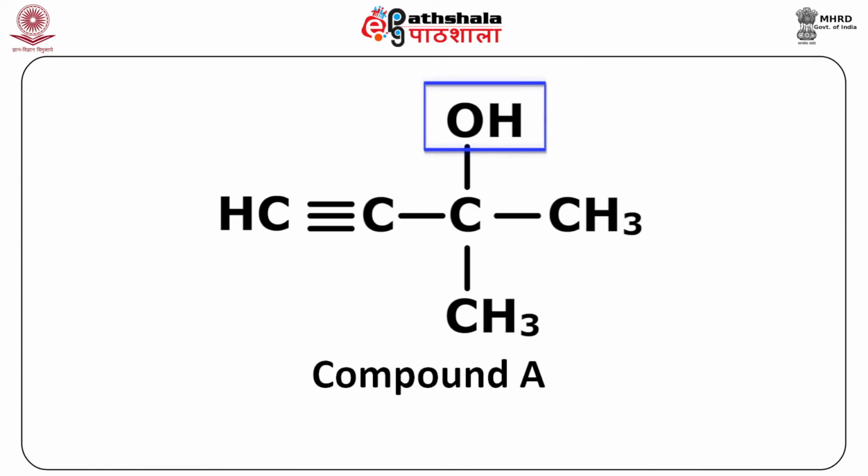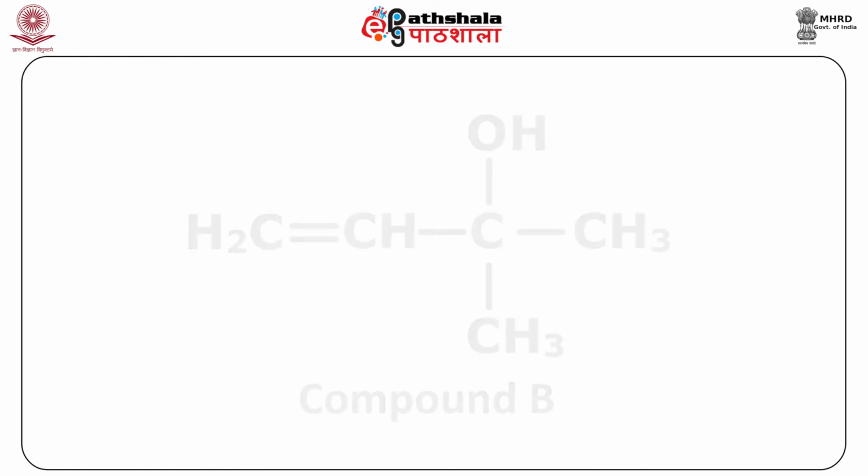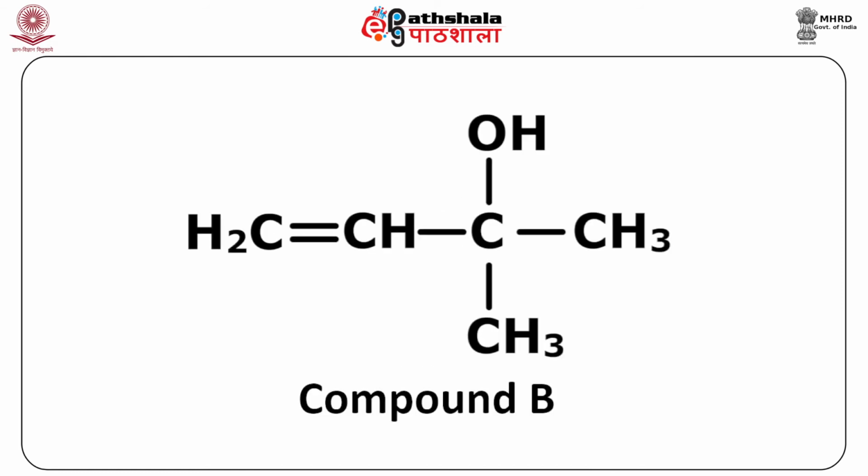Peak at 3.2 ppm, singlet, 1 hydrogen, which disappears on shaking with deuterium oxide, indicates the presence of the hydroxyl group. Hence, we assume that the structure of the given compound should be CH triple bond C, 2 methyls with COH, and for the compound B, double bond equivalence was found to be 1.